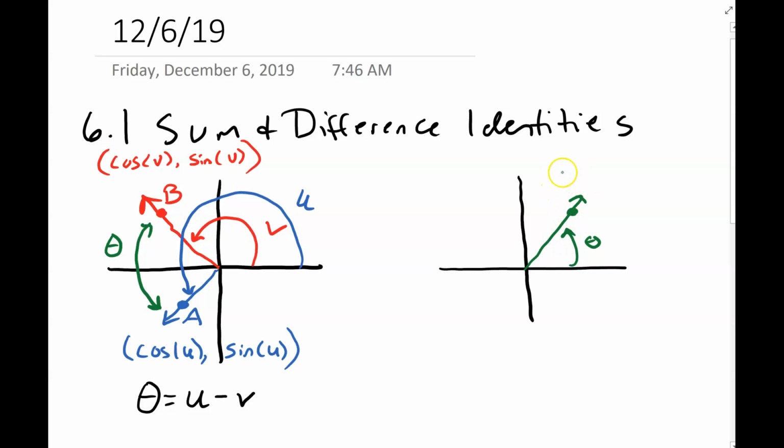So I'm going to call this point on theta A prime. And this would obviously be cosine theta, comma, sine theta. And I'm going to define this point down here on the initial side of angle theta. I'm going to call this point B prime. And this is just 1, 0, right? Okay.